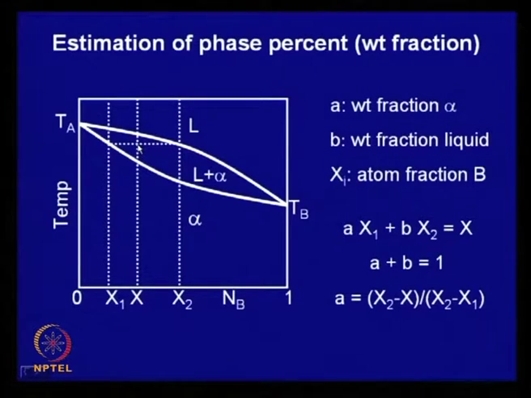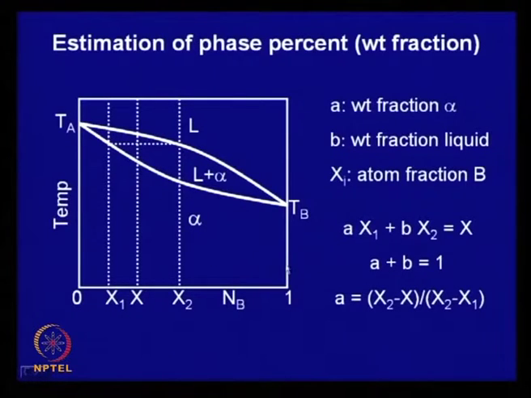So, the amount of A is proportional to this, whereas x 2 minus x 1 is this entire length. So, this is proportional to, you can say, the entire amount, 100%. The weight fraction of alpha is proportional to this arm, and similarly you can show the weight fraction of liquid is proportional to this arm.